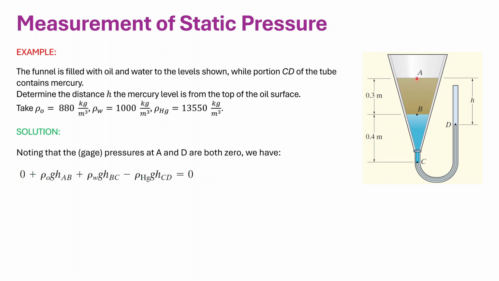So we start from here. Rho g h is the pressure of this column of oil here.